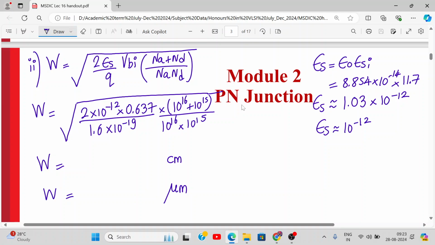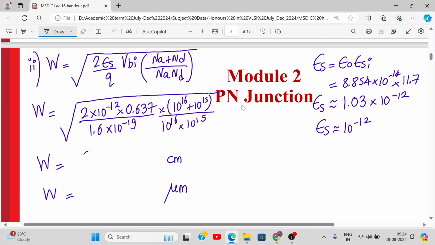It's around 0.93 into 10 raised to minus 4. Width is small. The answer is 0.93 into 10 raised to minus 4 centimeters.